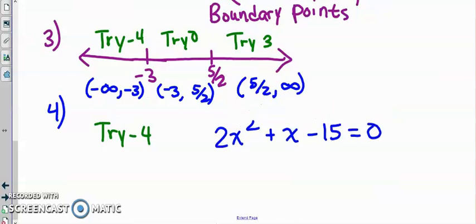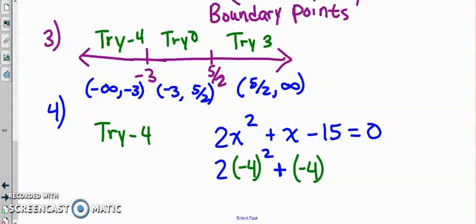When we say try, that means we're going to put -4 in for x and see what value it gives us. Is it a positive value or a negative value?